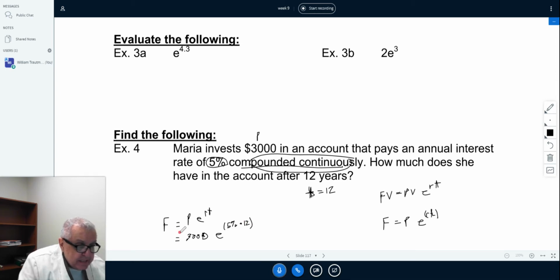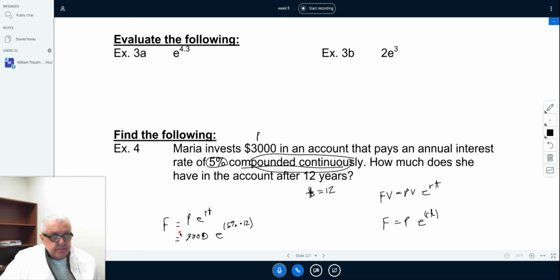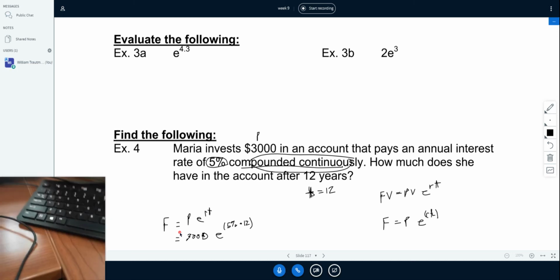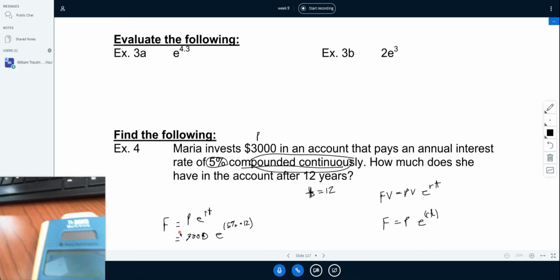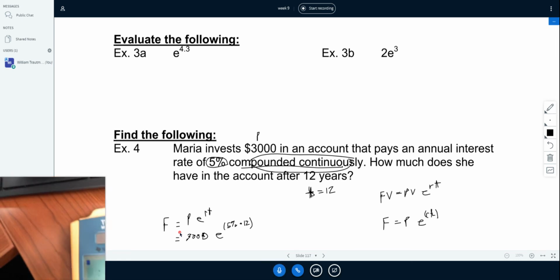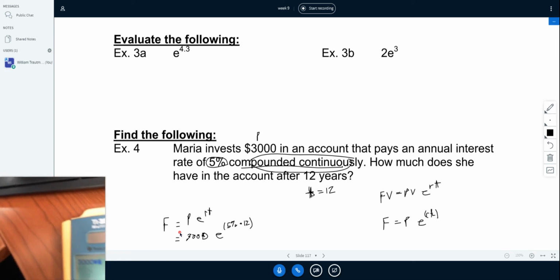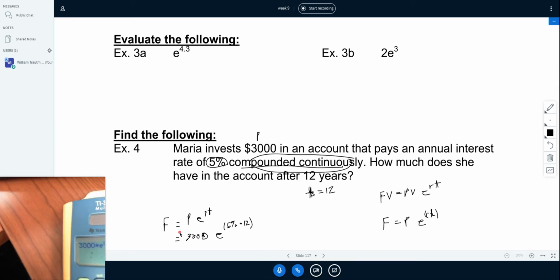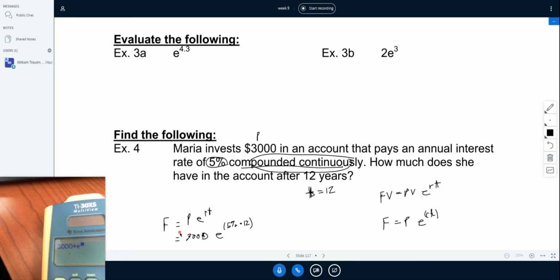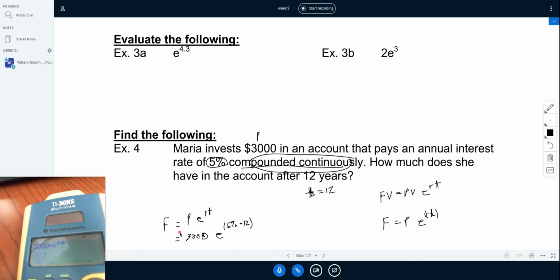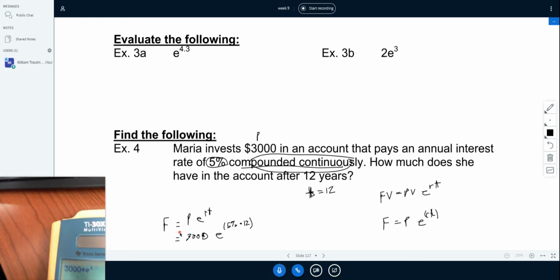So we're going to put this into our calculator. $3,000 times E. So you got to get the E there. Raised to the power, and my power is always going to be in parentheses. 5%.